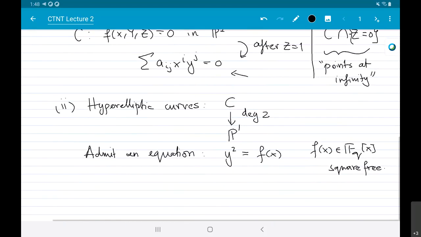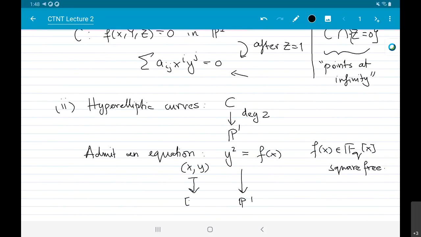An elliptic curve is a special case where f has degree 3, but in general, these could have higher degree. And the map to P1 is given by sending (x, y) to (x : 1).